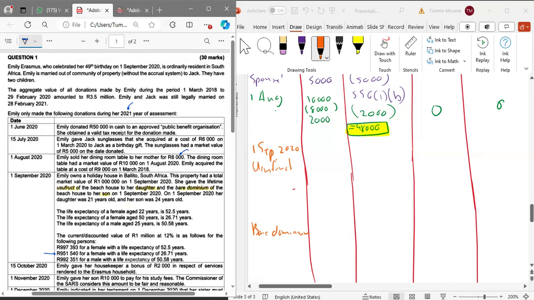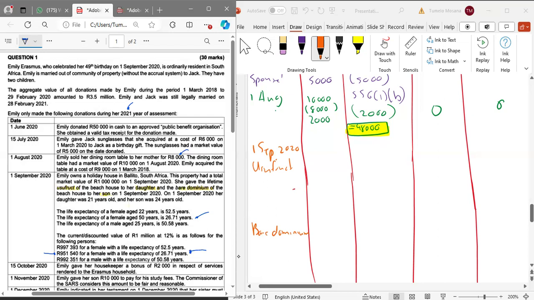When I calculate user fact, bare dominion is a bit tricky because I forgot. The life expectancy of a male on the following birthday, which is 50 years, is 26.71, which is linked to 951,540.